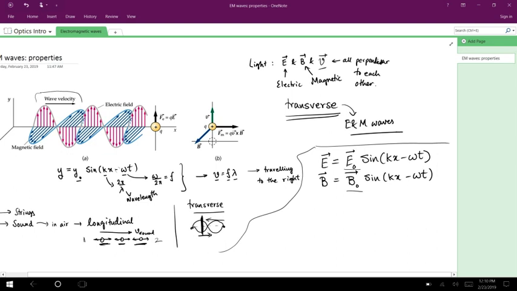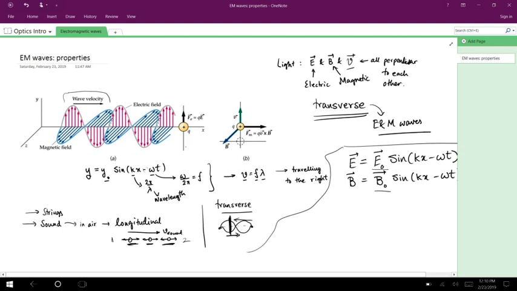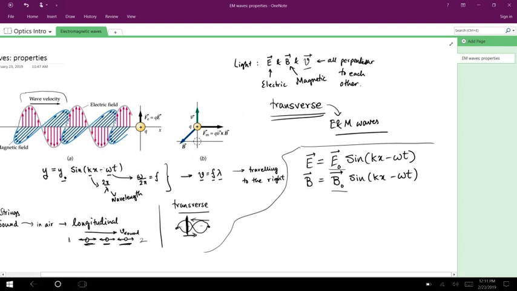In this particular picture, the oscillating E and B fields, or the light wave, is traveling in the positive x direction, and that's denoted by this traveling wave. Whenever we have the negative sign, that negative sign over here tells us it's traveling in the plus x direction.